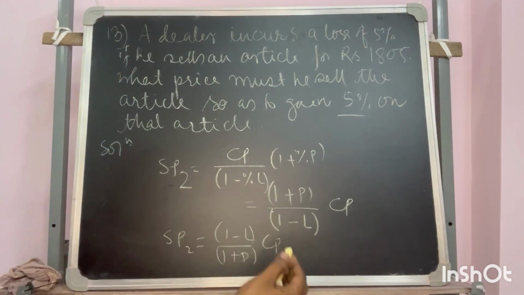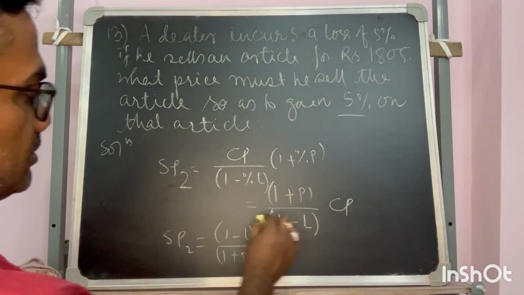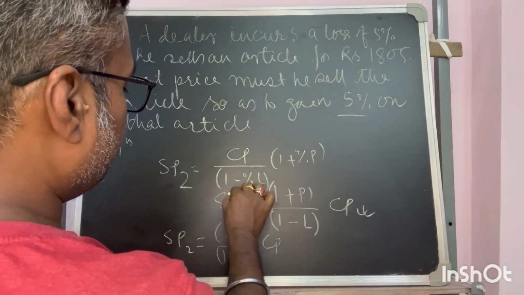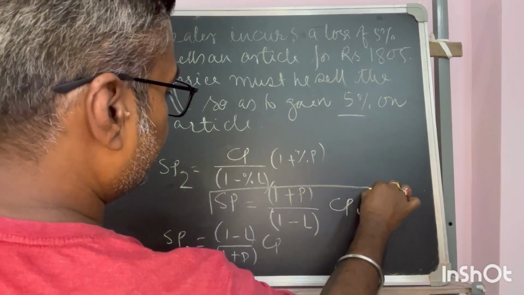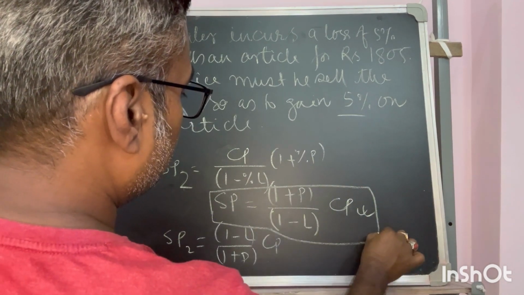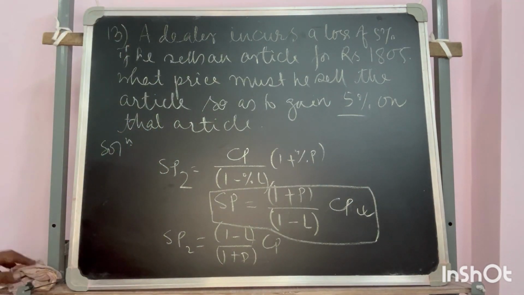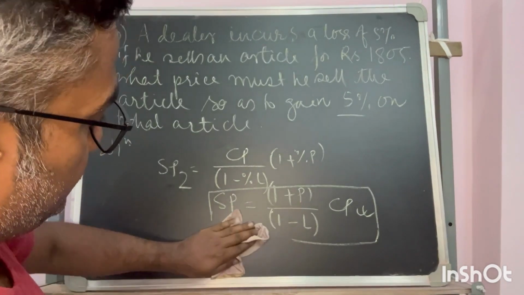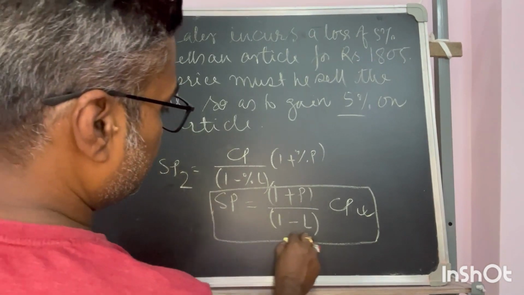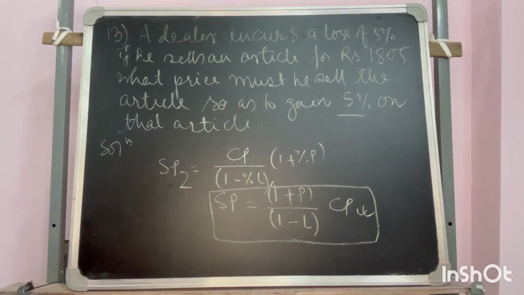Okay, if it is reverse. Now for this case, this is the answer. What would be the final selling price to calculate when you will make profit? Understood? So first case he has made a loss, and in the second case you want to get something.